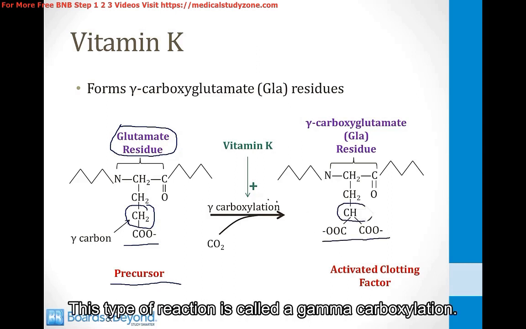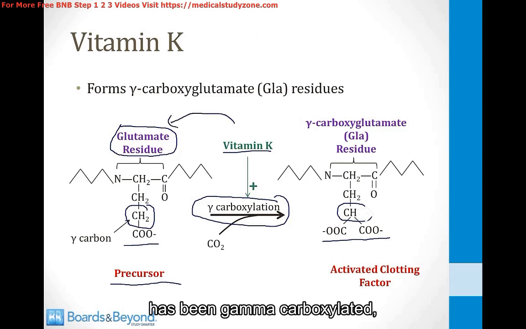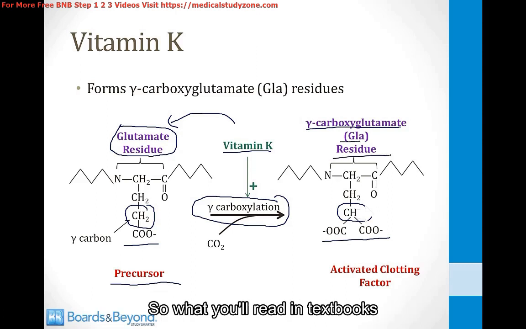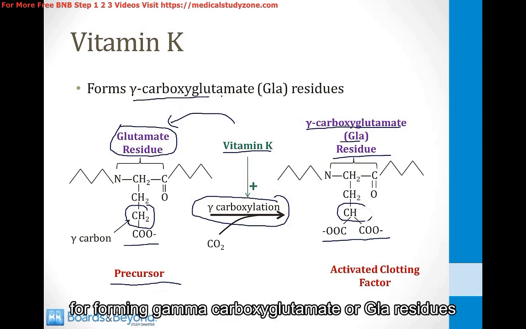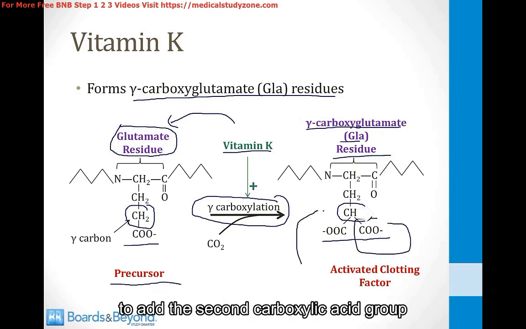This type of reaction is called a gamma carboxylation, and vitamin K is an important cofactor for that gamma carboxylation. Once the glutamate residue has been gamma carboxylated, it is now called gamma carboxyglutamate, or GLA, or a GLA residue. So what you will read in textbooks is that vitamin K is necessary for forming gamma carboxyglutamate or GLA residues on precursor proteins, and that's because you need to add this second carboxylic acid group to the gamma carbon on the glutamate residue.